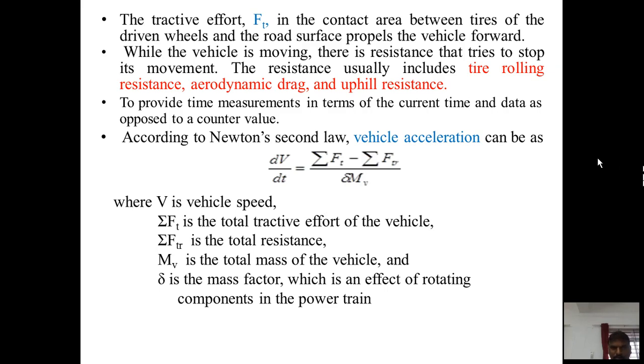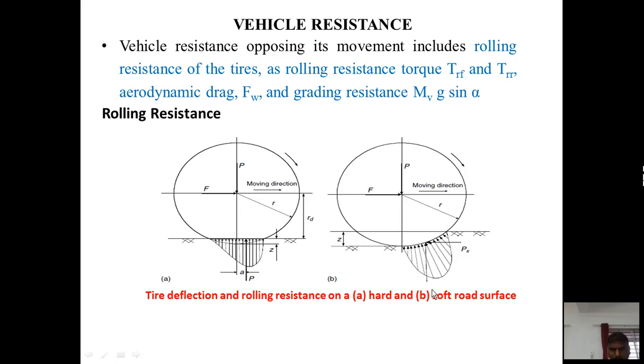As per Newton's second law, vehicle acceleration can be represented as change in velocity divided by change in time is equal to summation of the forces F suffix T minus summation of the forces F suffix Tr divided by delta into M suffix V, where V is vehicle speed, summation of F suffix T is the total tractive effort of the vehicle, summation of F suffix Tr is the total resistance, M suffix V is the total mass of the vehicle, and delta is the mass factor, which is an effect of rotating components in the powertrain.